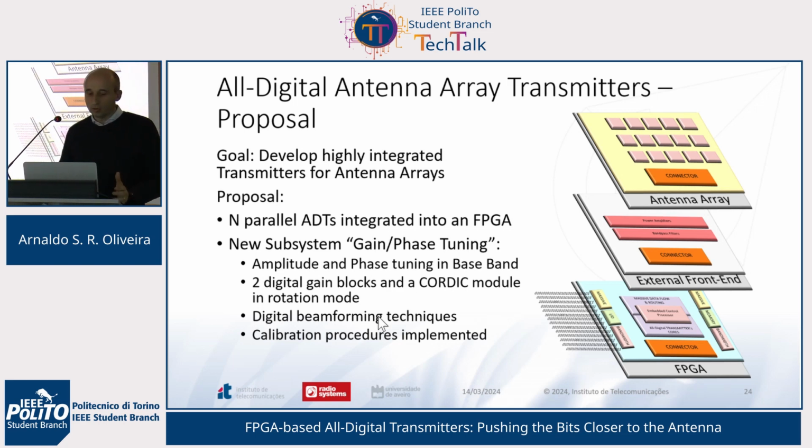So the idea is to develop highly integrated transmitters for antenna arrays. We have N all-digital transmitters. We included in the digital processing both the amplitude and phase tuning of the transmitters. We did that with digital multiplications and coding, so everything related to gain and phase is done digitally.